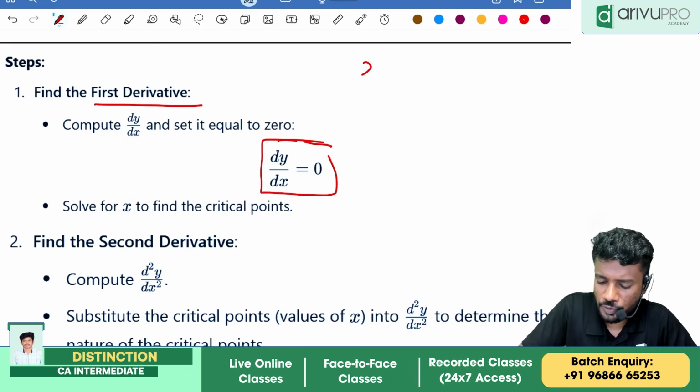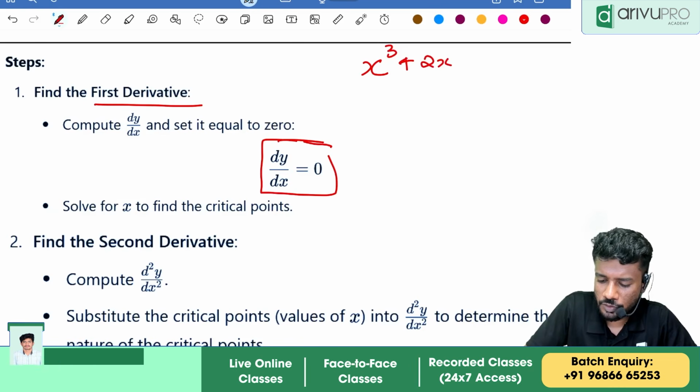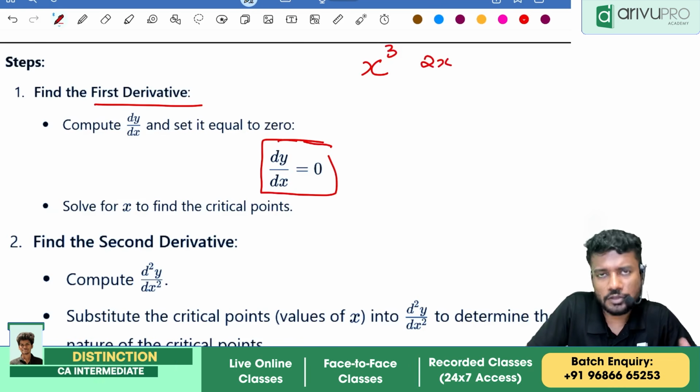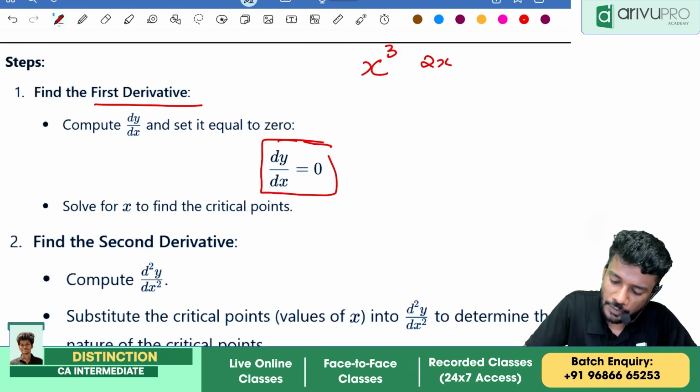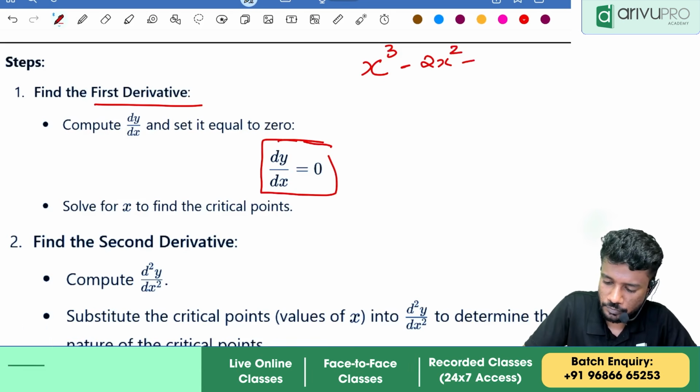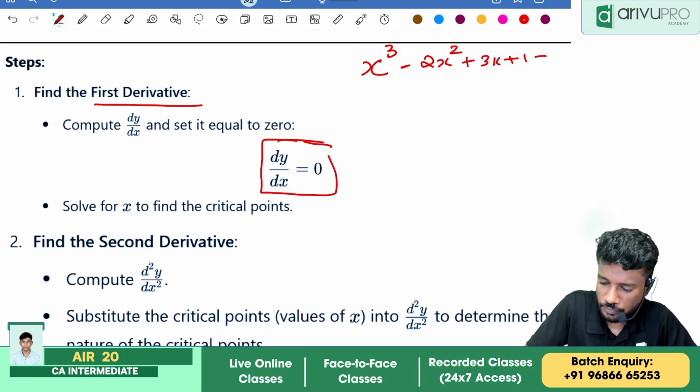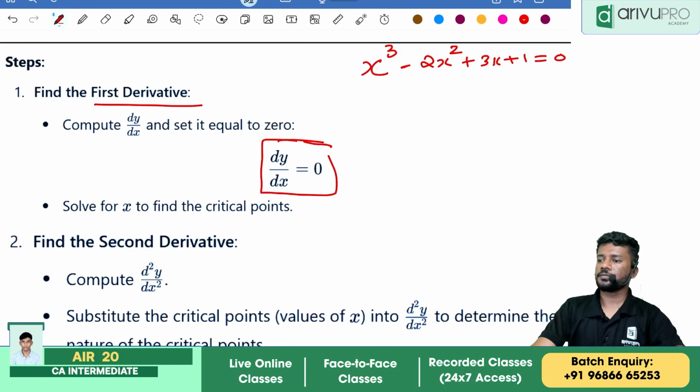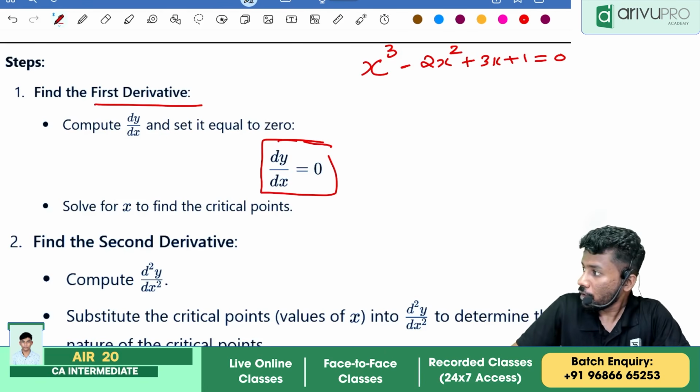For example, I'll show you one thing. x cube minus 2x squared plus 3x, I'll give it as this.